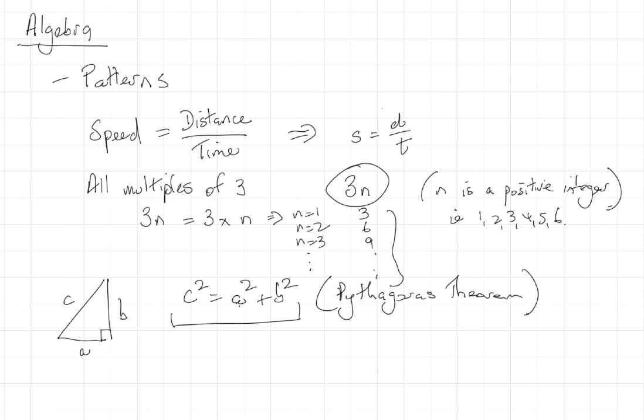It says get the length of one of the sides, not the hypotenuse, and square it. Then we add the square of the other side, b squared. That will give us the square of the hypotenuse, or the longer side, c squared. That's the algebraic way of writing Pythagoras' theorem.